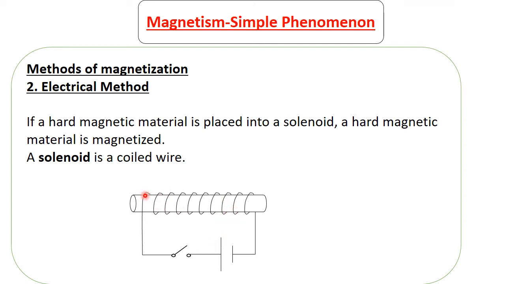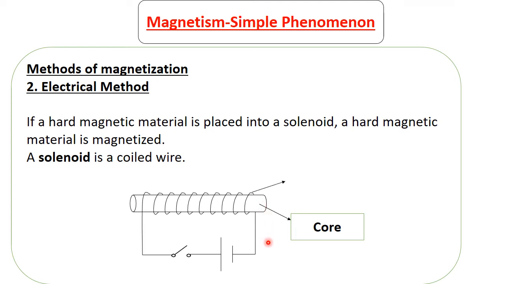This same coil is connected to a battery, of course, to power this. This is called the core. The core is the material you want to make into a magnet, a hard magnetic material.